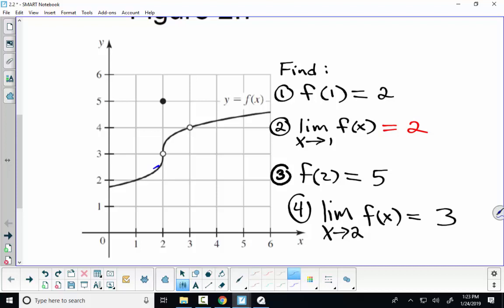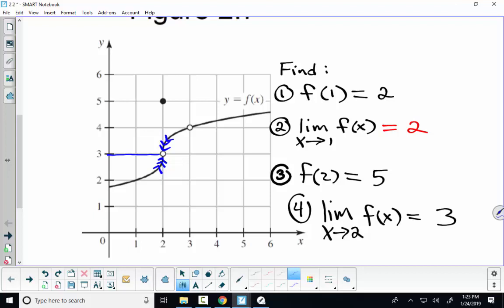As you get closer and closer this way or this way, the y values do indeed get closer and closer to 3, even though there's nothing really there. You can imagine these values right here as 2.9, 2.999, 2.99999, et cetera, and the ones directly above it, 3.01, 3.00001, et cetera.